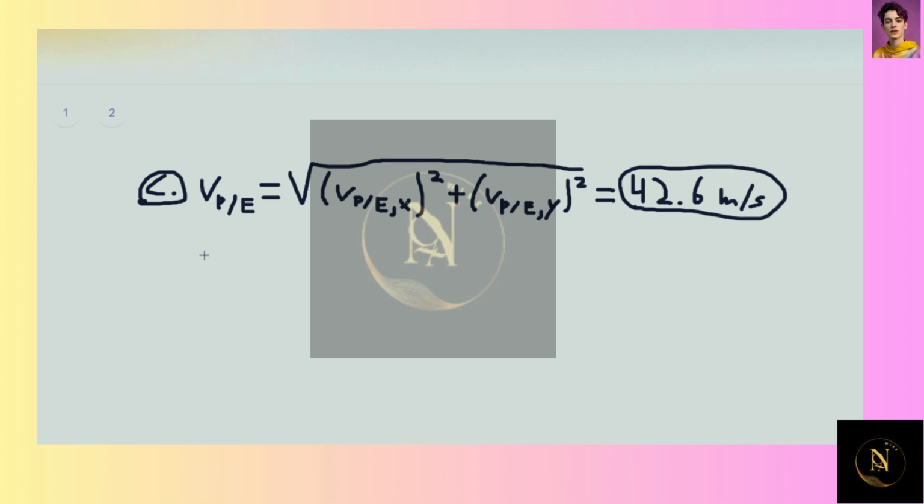Okay. And then for the direction, we can use the equation for theta. So theta is going to give the direction. So we're going to have inverse tan of the y component of the vector over the x component.